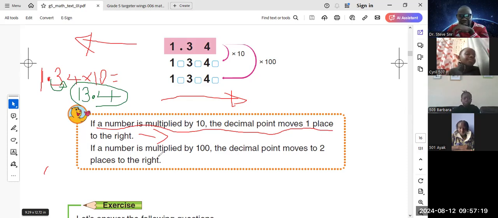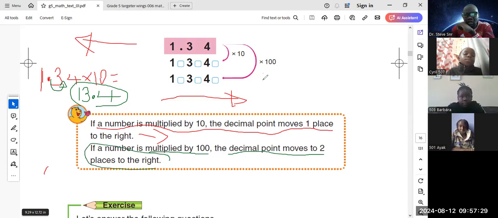Now, if a number is multiplied by 100, the decimal place moves 2 places to the right. Now, we have 1.34. We are multiplying it by 100. What do we get, Cyril?